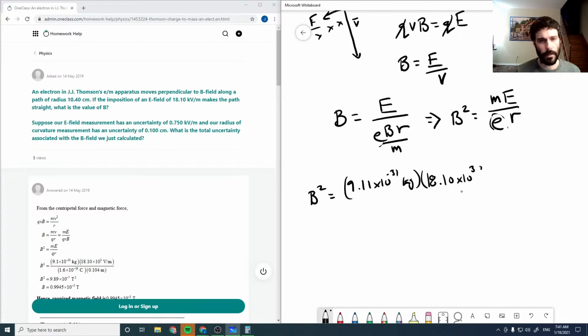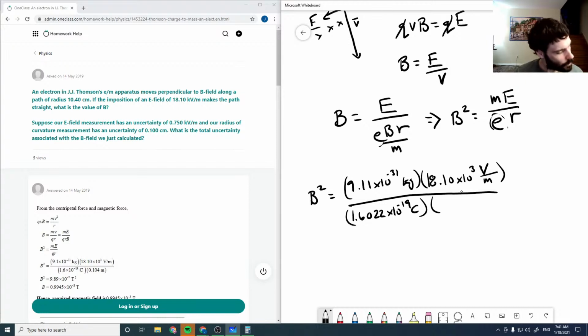But I might as well, I guess, leave it in volt per meter. I don't know why I converted it. Charge of an electron is 1.6022 times 10 to the minus 19 coulombs. And the radius was given as 10.4 centimeters, so 0.1040 meters.